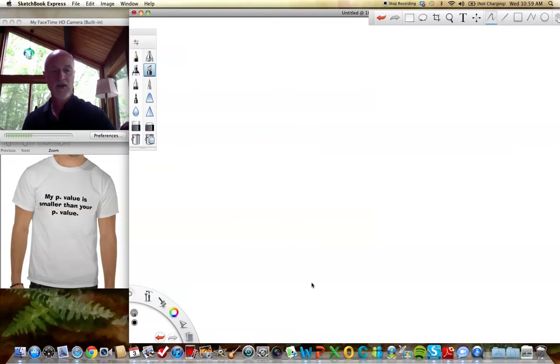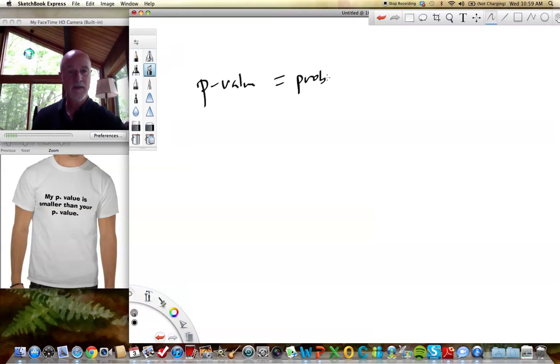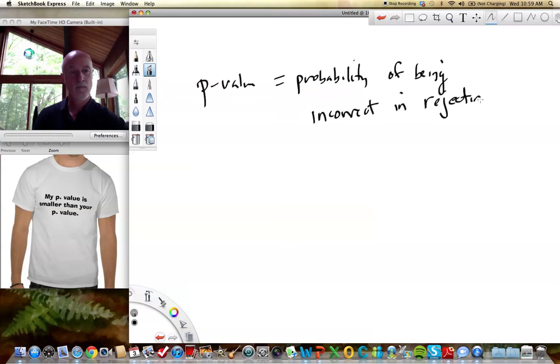Another way we can interpret it is that the p-value is the probability of being incorrect in rejecting the null hypothesis. Right? Because if that's the probability of obtaining a t that large when in fact the null hypothesis is true, we would be incorrect that amount of the time in rejecting it.